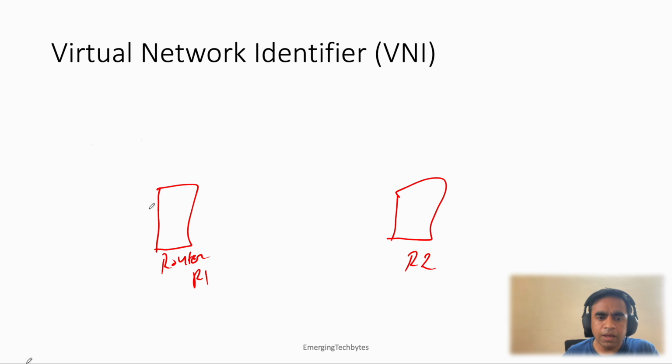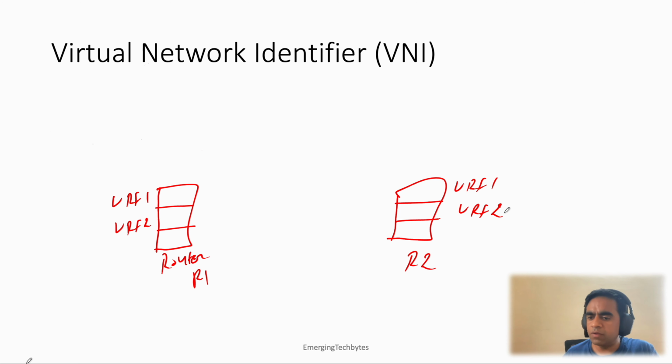And those of you who understand VRF will relate to this. Let's say I have VRF1 here, VRF2 here. Same way, VRF1 here, VRF2 here. In between, I can have many nodes.